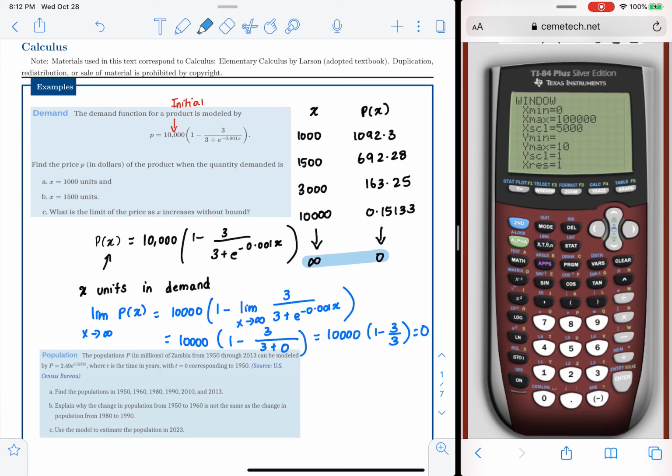The y value, we would start at the initial value of a maximum value of 15,000 because our initial value is 10,000, and a minimum value would simply be 0.